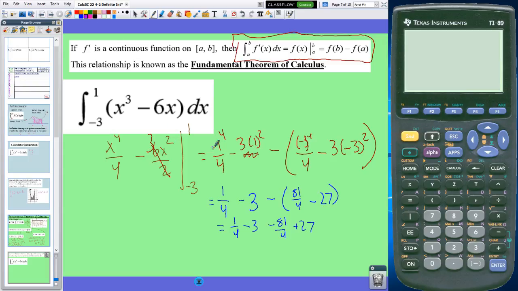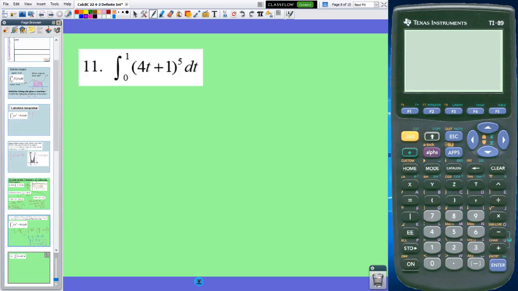Combining the 81 and the 1/4 becomes negative 80/4. Negative 3 plus 27 is going to be plus 24. 80 over 4 is negative 20 plus 24, which is just 4. And that was the same answer we got before. Cool.